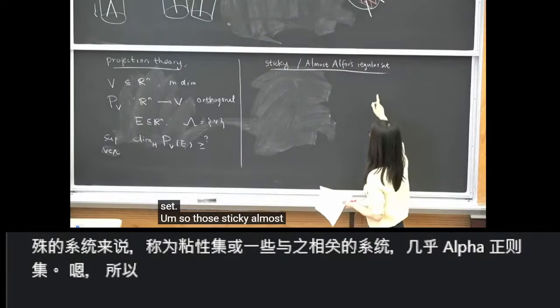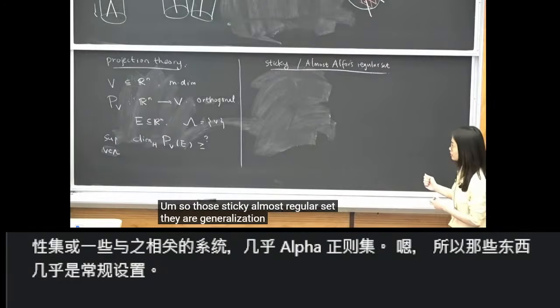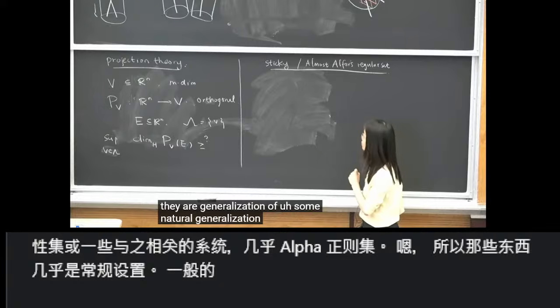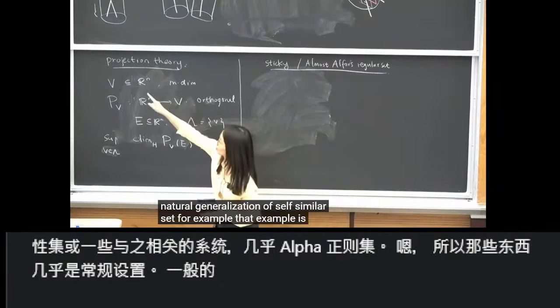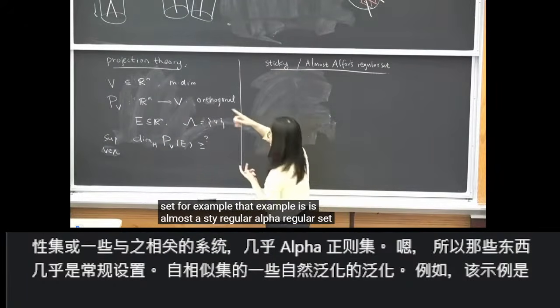Those sticky almost alpha-regular sets are a natural generalization of self-similar sets. For example, the basic Kakeya example is an almost alpha-regular set, or also a sticky set.